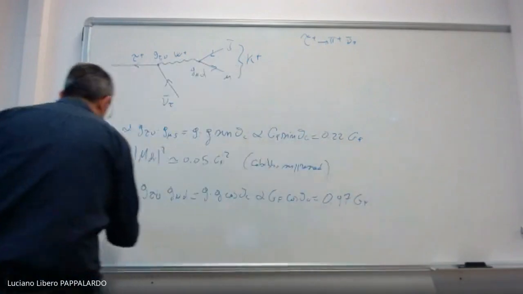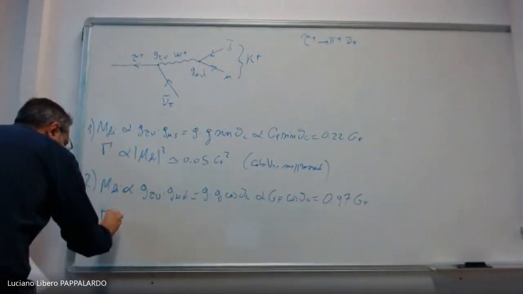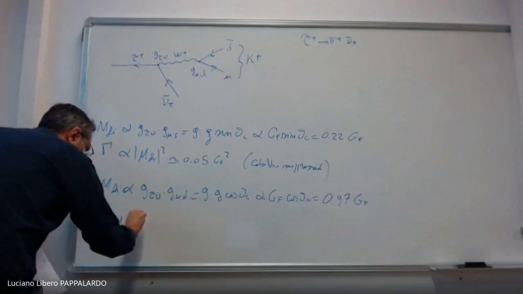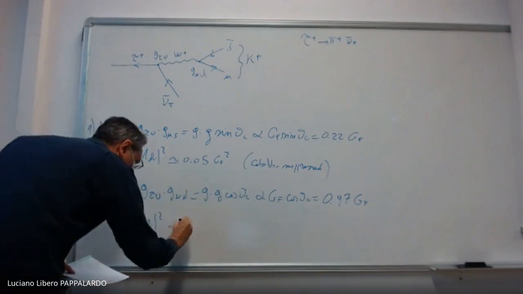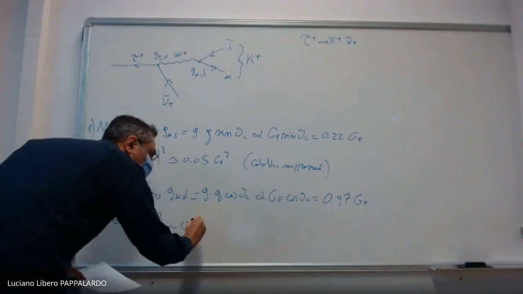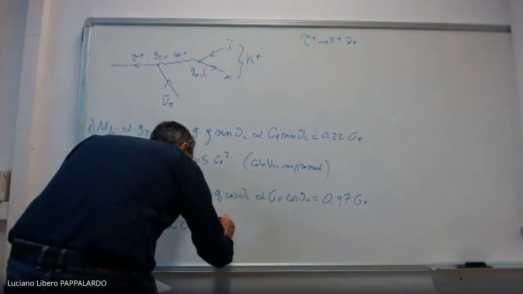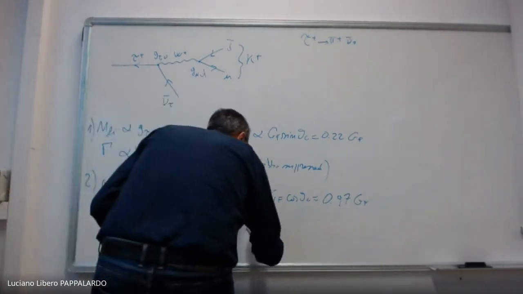Then take the square, and this turns out to be 0.95 G_F squared, and so this is favored.